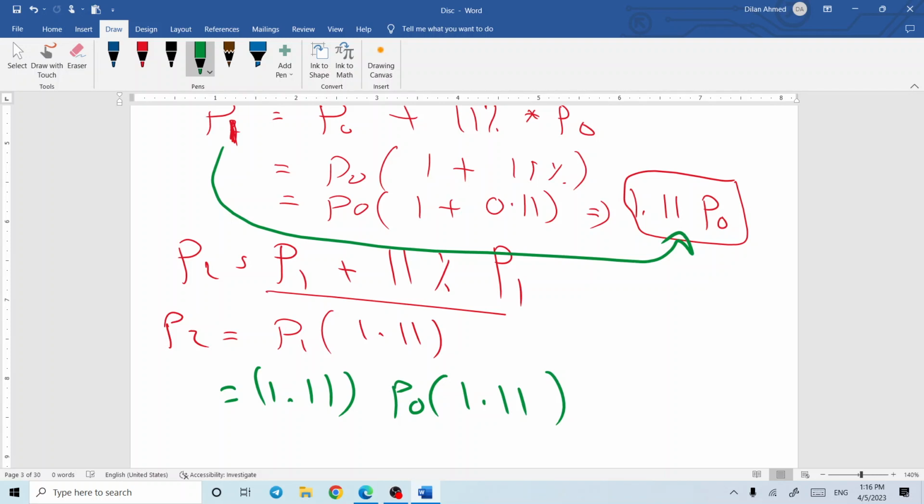So I'll get P2 equal to 1.11 squared P naught.